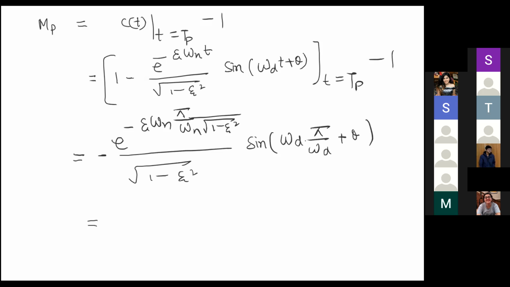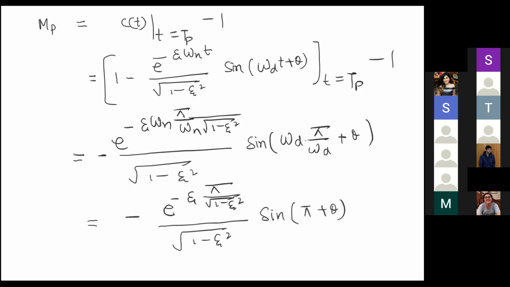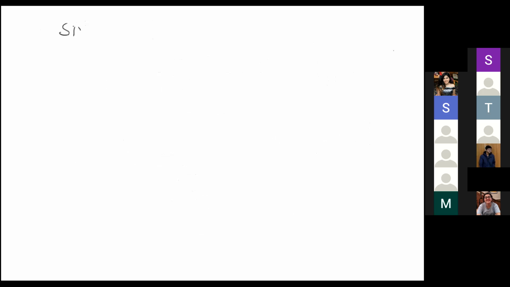So if you put minus sine, e to the power minus zeta omega n, omega n is going to be cancelled out. So it will become pi by under root of 1 minus zeta square upon under root of 1 minus zeta square, and this will become sine of pi plus theta. And sine of pi plus theta is equivalent to minus sine theta.